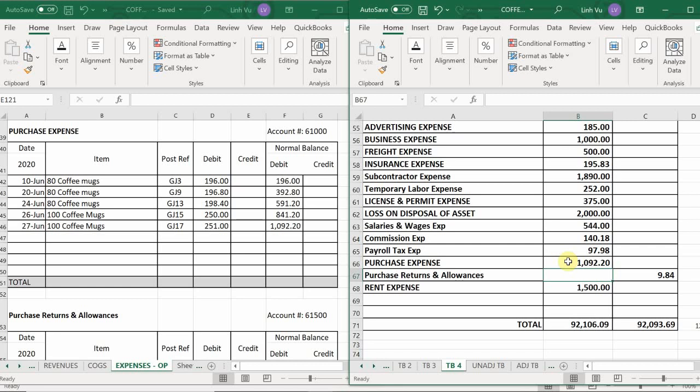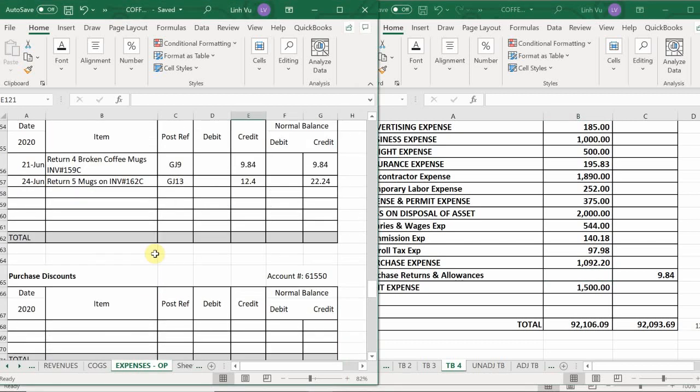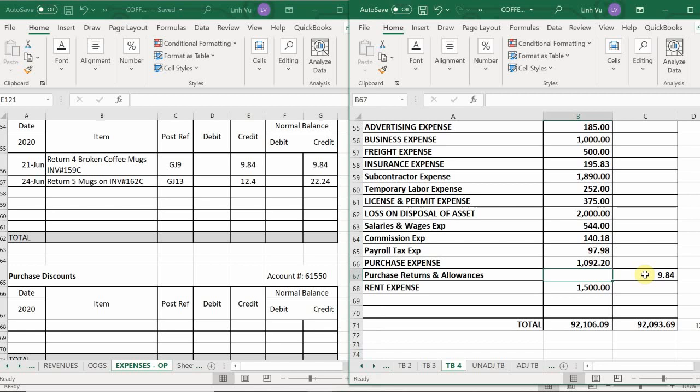Okay. Let's see what's next. Purchase returns and allowances, right? Is still at 22.24. Okay, so in this case, right, we need to update this because it says it's at 984 when it should be at 22.24.